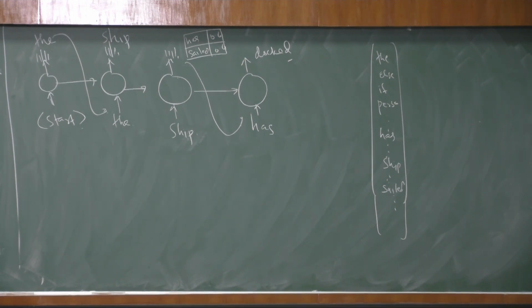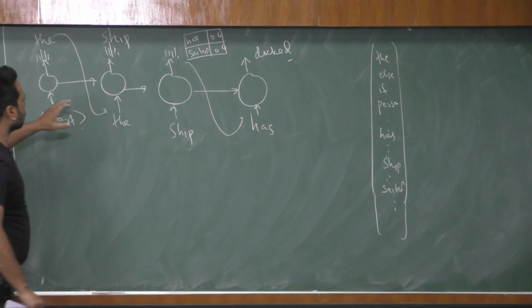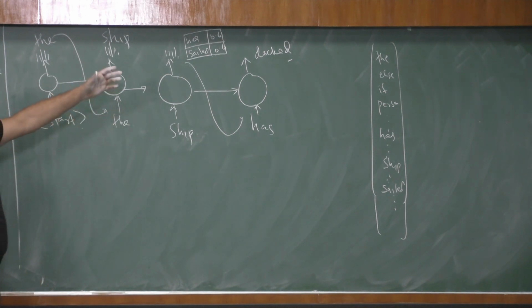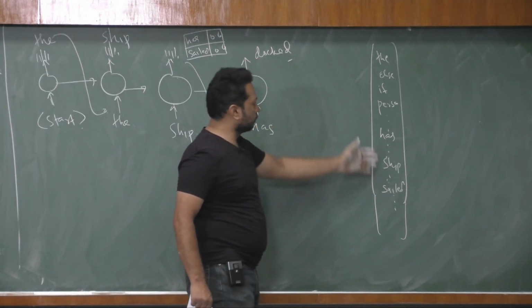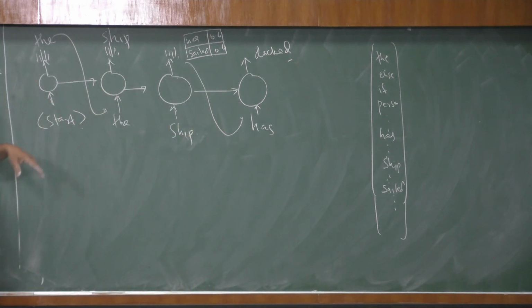This may not be the optimal way, but let us say one of the possibilities is this. We put all this together, and then there will be a softmax, and it will produce some form of probability distribution. It will say that, having seen "the", the next most probable word is, let us say, "ship".